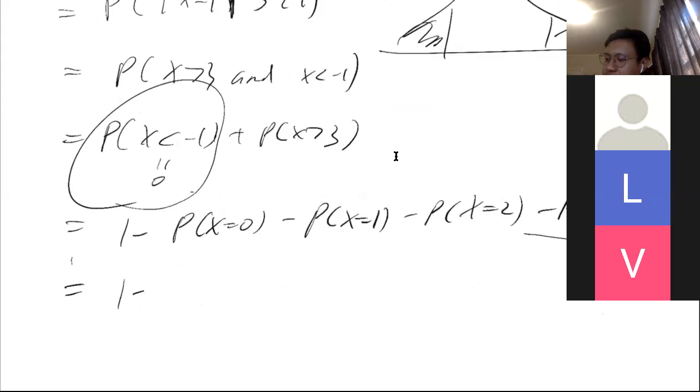And remember, for a Poisson random variable, the equation for P(X equals k) is lambda to the k power times e to the negative lambda, divided by k factorial. So that's just 1 minus, and remember lambda is 1 here, so it's just 1 to the k, where k is 0 when x equals 0.